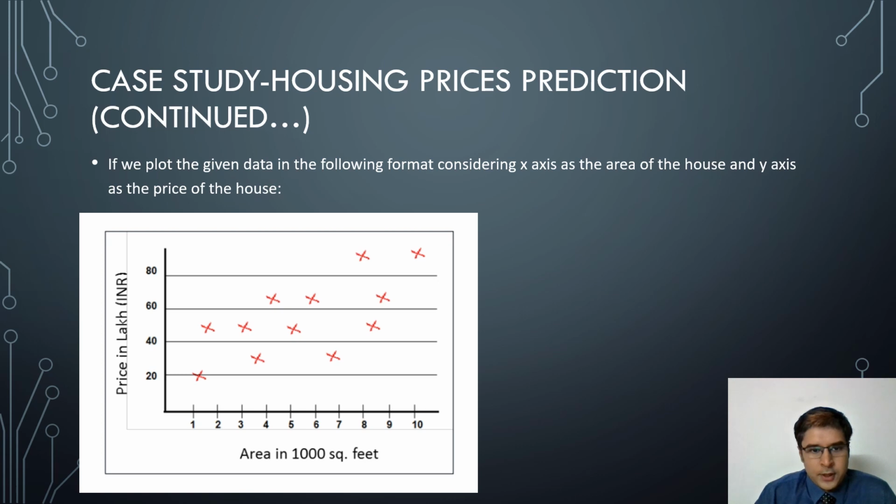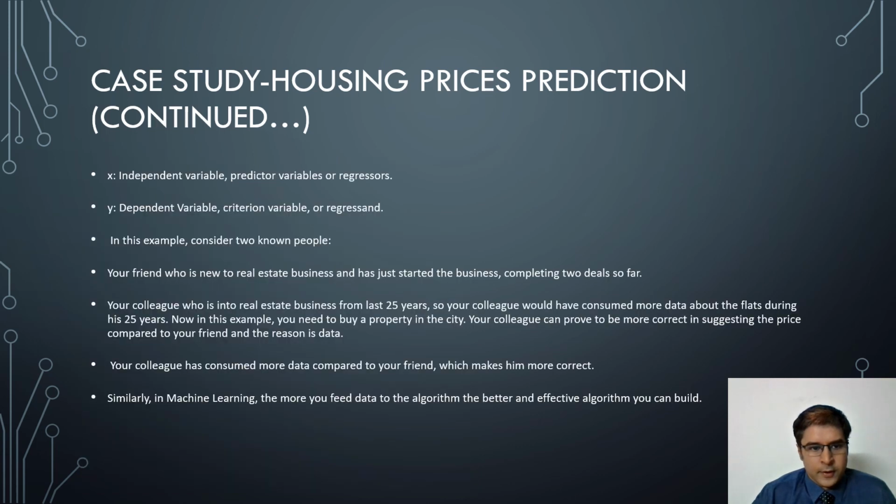If we plot the given data in the following format, considering the x-axis as the area of the house and the y-axis as the price of the house, we get the following points marked with crosses. In this case, the x-axis represents the independent variable, predictor variable, or regressor. The y-axis depicts the dependent variable, criterion variable, or regressand, which is the price of the house.